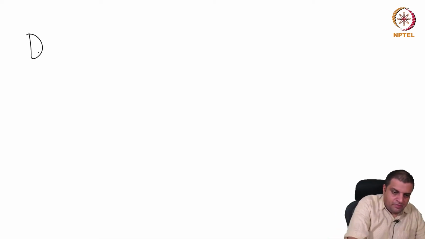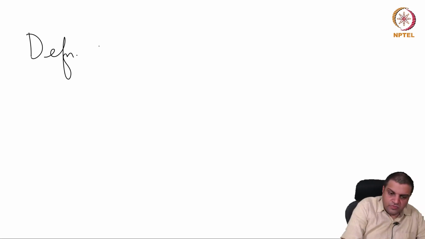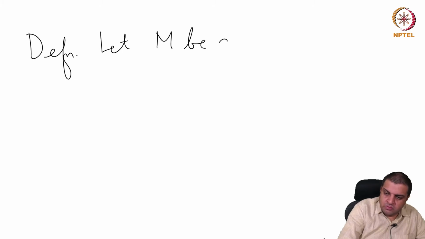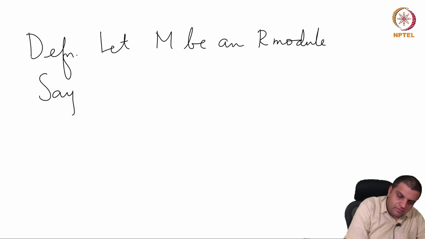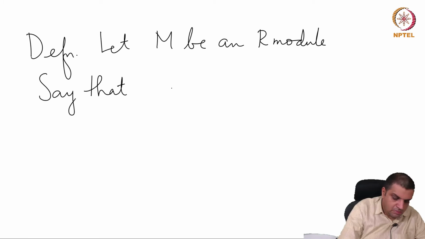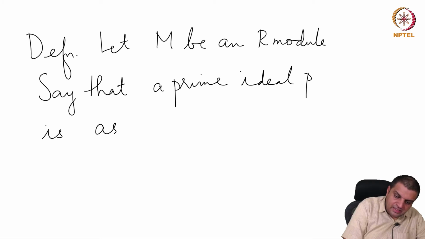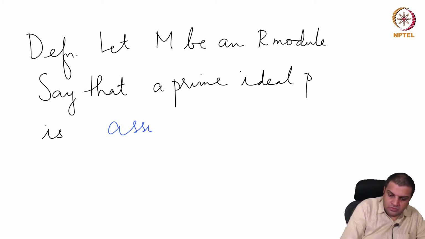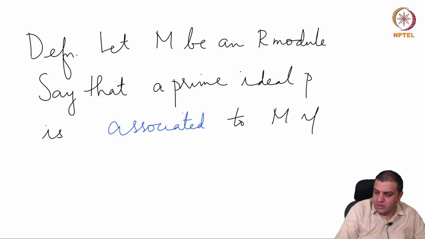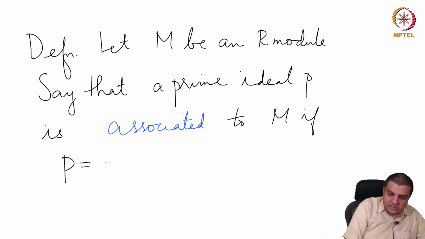Definition. Let M be an R module. Say that a prime ideal P is associated to M if P equals the annihilator of x for some x.